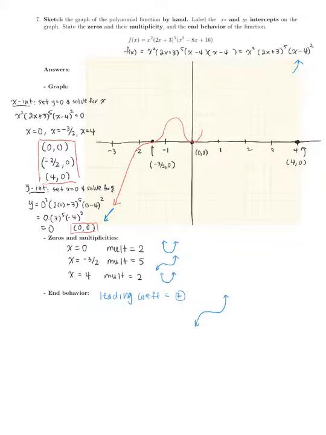So at x equals 4, this behavior must happen. Since the tail end is going to go upward, I'm just going to go like that. I'm not quite sure what's going to happen between x equals 0 and 4, but I'm going to assume that it's going to do something like this.